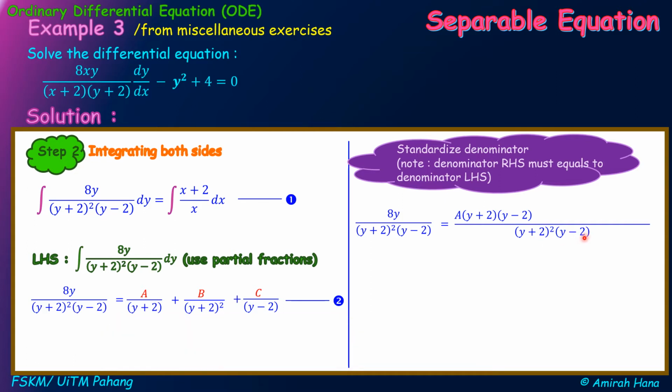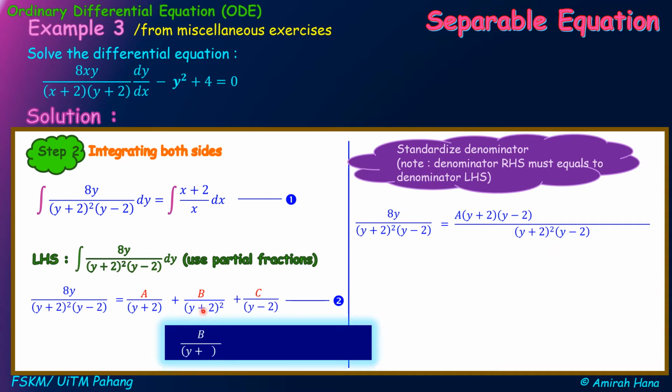Alright. And then to standardize denominator B, from B we have denominator (y plus 2) squared. So to write into the form of denominator (y plus 2) squared times (y minus 2), we need to multiply numerator and denominator by y minus 2.